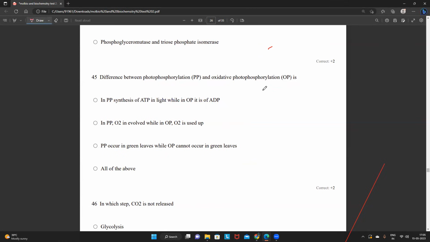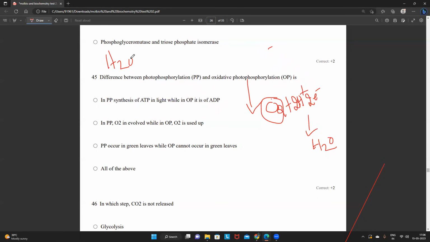In oxidative phosphorylation, what happened, friends? You remember at the last, oxygen combined with 2 protons and 2 electrons, giving rise to water. So in oxidative phosphorylation, we use oxygen. In photophosphorylation, what happened? Every student remember, right?